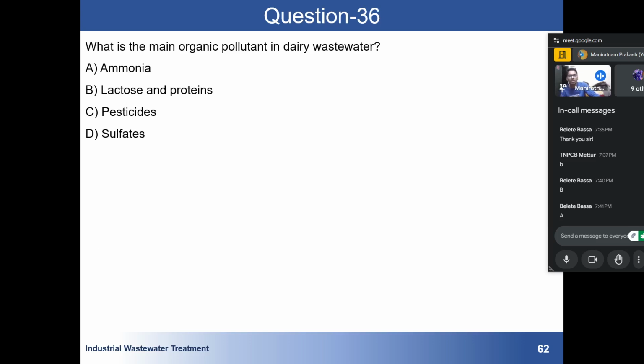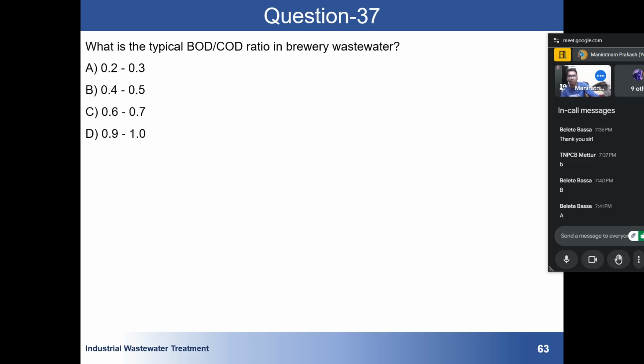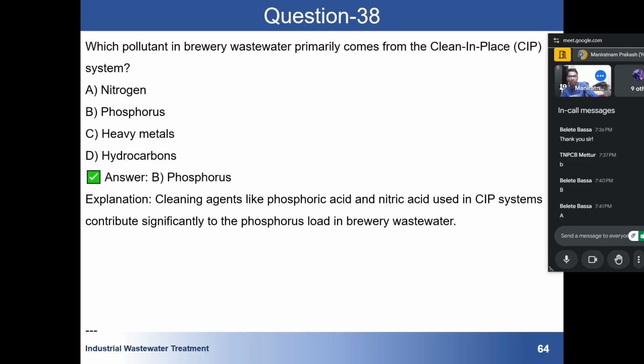Which is the main organic pollutant in dairy wastewater? We have already seen this: B, the lactose and proteins. I think it is a repetition of the previous question. Which pollutant in dairy primarily comes from the clean in place system?